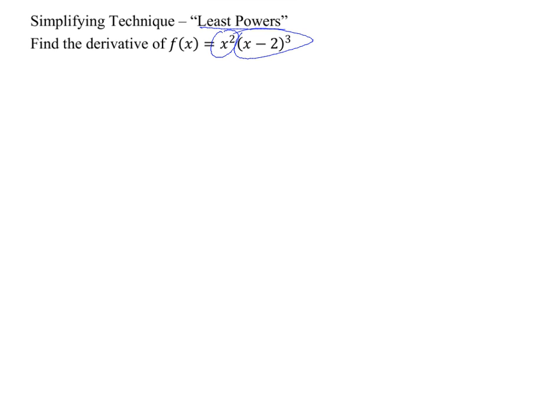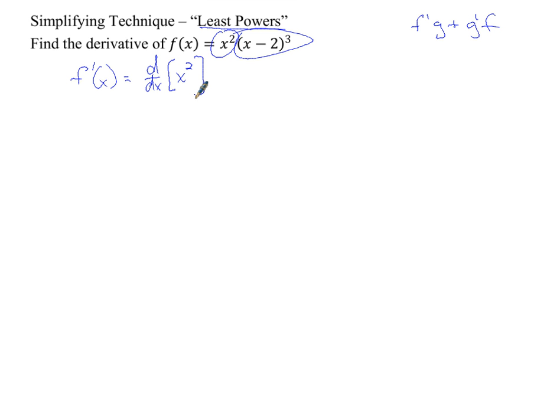So the product rule again is what? F prime g, g prime f. Good. So that's what we're going to do. F is my x squared, g is my x minus 2 to the third power. So my function f prime of x will be what? Now I'm going to write this in a formal notation here. I'm taking the derivative with respect to x of x squared.